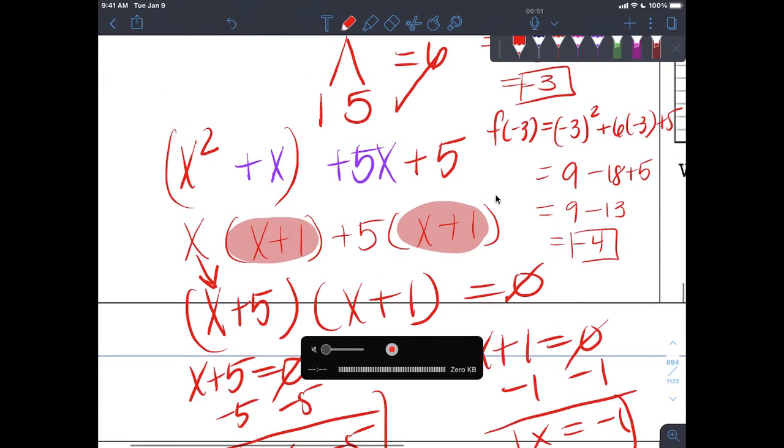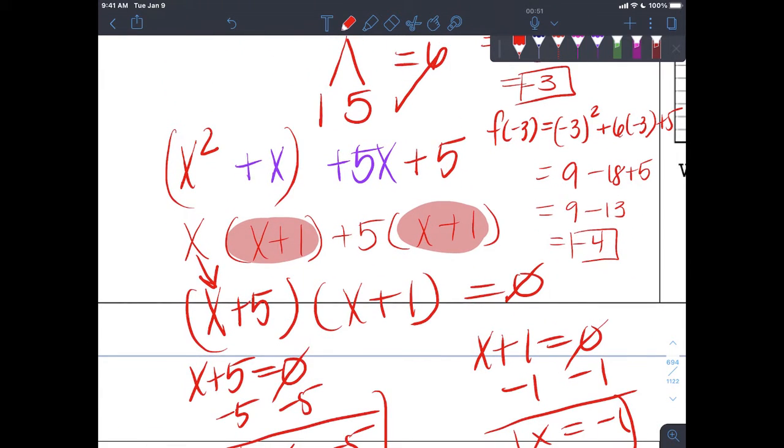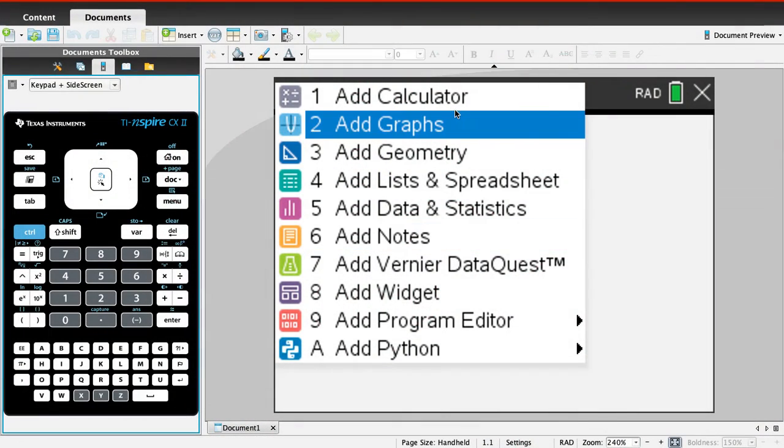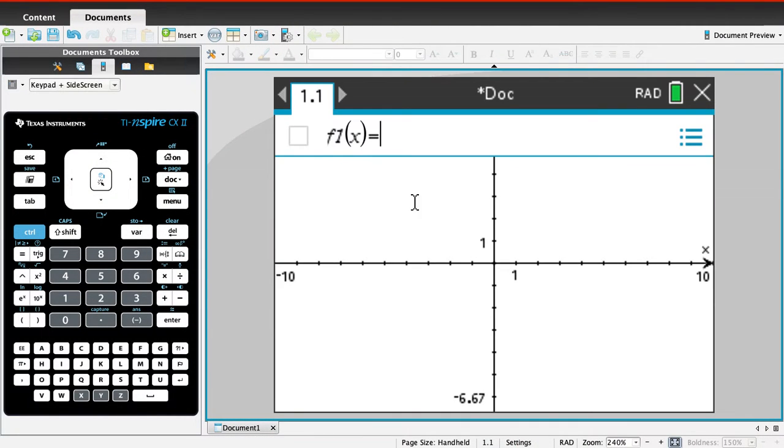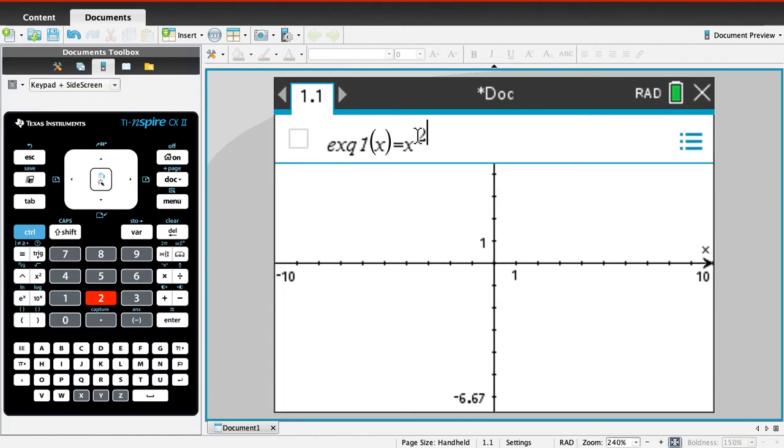I just want to verify that I did my factoring correctly. So I'm going to head over to my calculator, start a new graph. I'm going to go ahead and put in the equation that they gave me. So that's going to be x squared plus 6x plus 5.